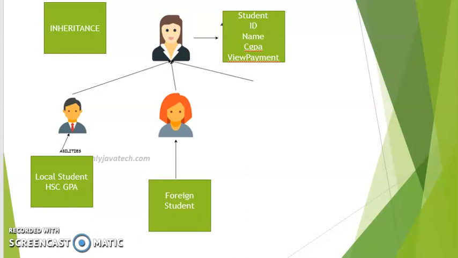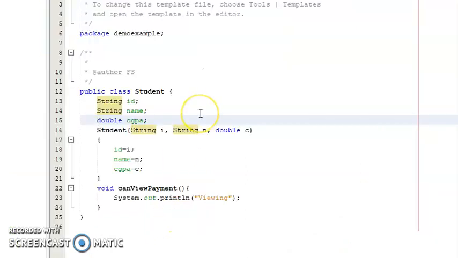So to avoid repeating code and to reuse code, we use inheritance. By doing inheritance, your code does not get complexities. So if we want to implement this concept in code, let us go to the code.